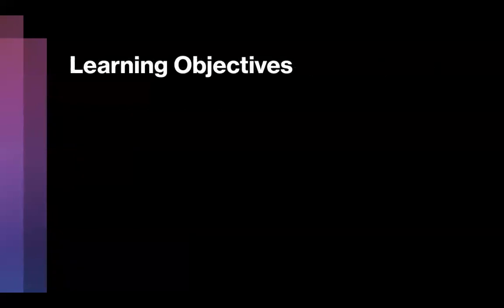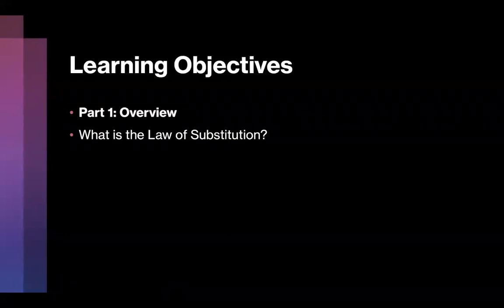So the learning objectives for today, God willing, are going to be in two parts. Part one is going to involve what is the law of substitution. This is one of the most important concepts to understand, I believe, with regards to the study of the supreme wisdom and the supreme technology.